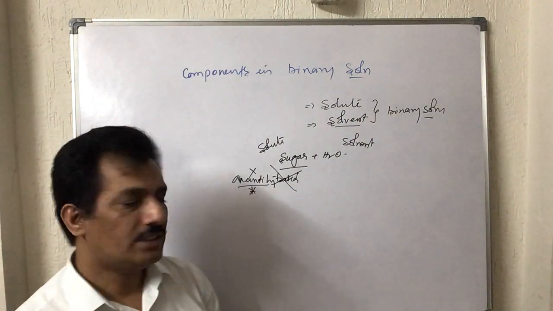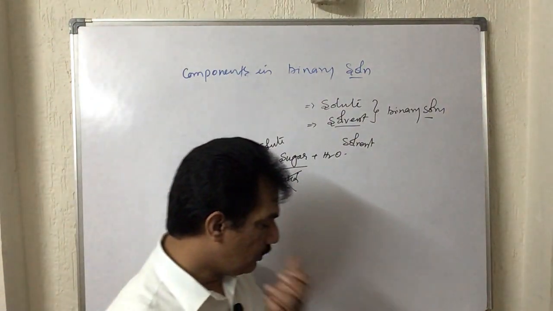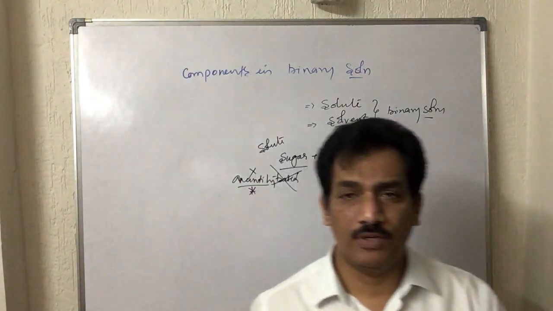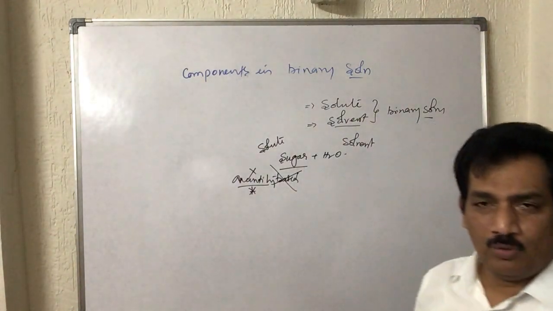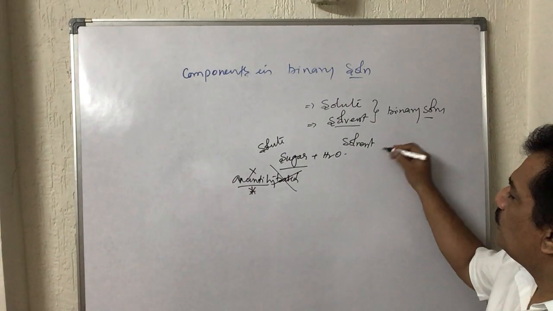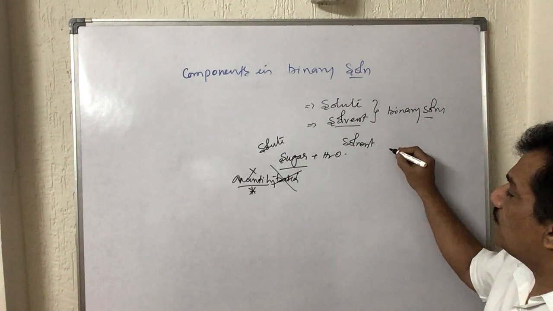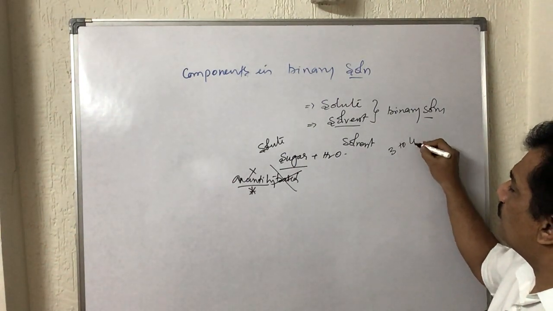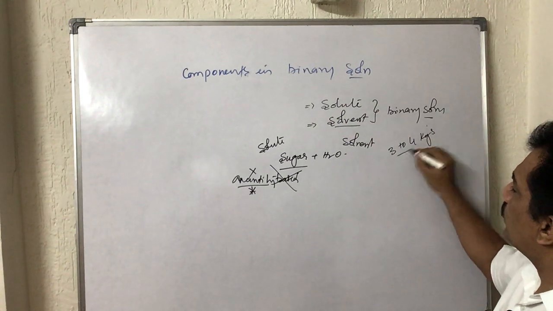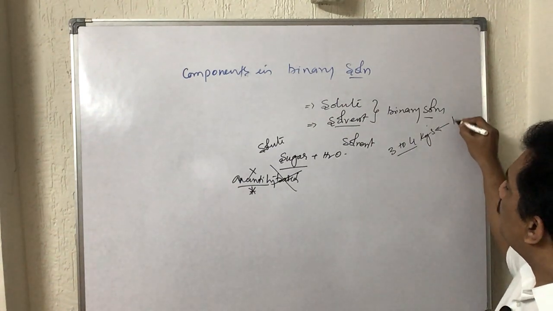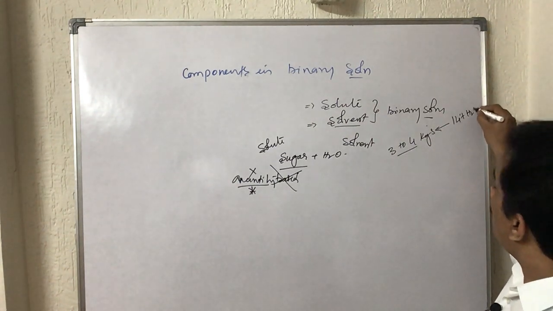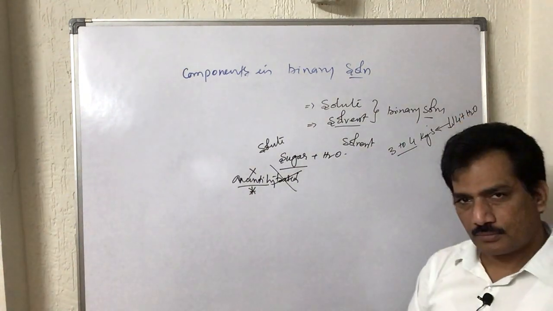Let me prove it. Say for example, if you visit any sweet shop and observe how the sweets are prepared, you can see that 3 to 4 kgs of sugar is dissolved in even 1 liter of water, less than 1 liter actually.